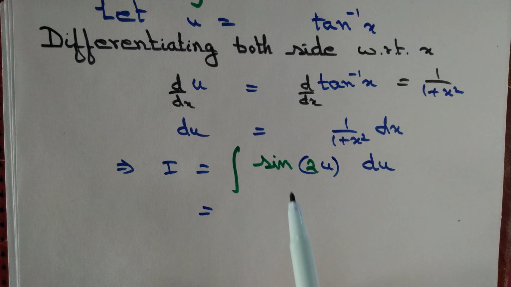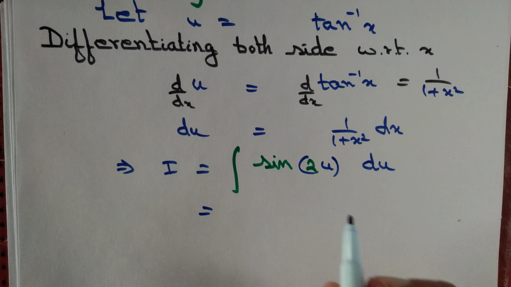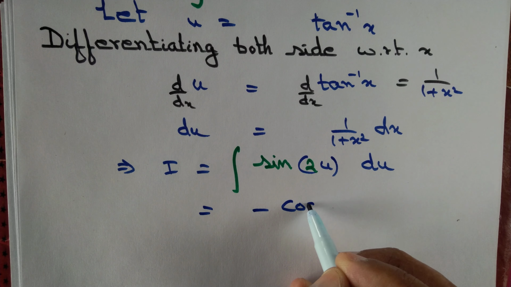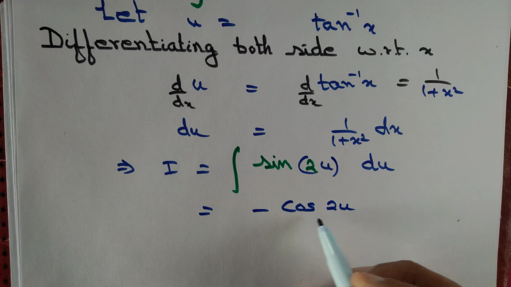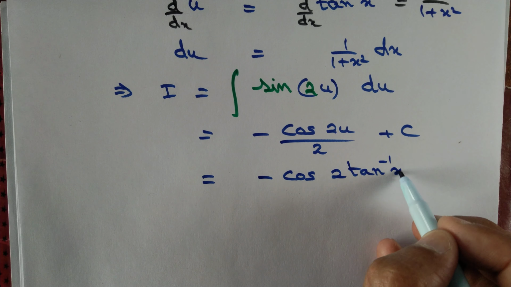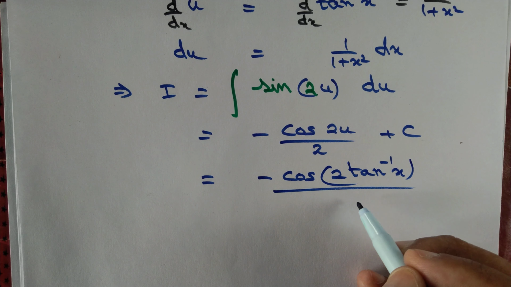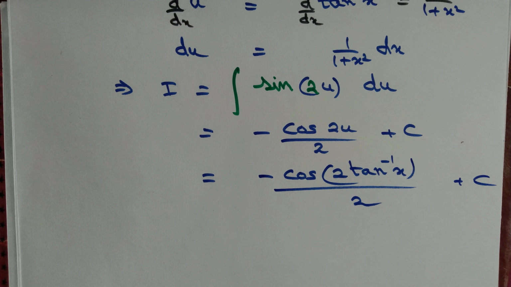Now we know that integral of sine x dx is minus cos x, so minus cos of 2u. Of course, since we got 2u, we should divide by 2 as well, plus some constant of integration. But once again, we started with u equal to tan inverse of x, so we'll write tan inverse of x instead of u. So minus cos of 2 tan inverse of x by 2 plus some constant of integration.